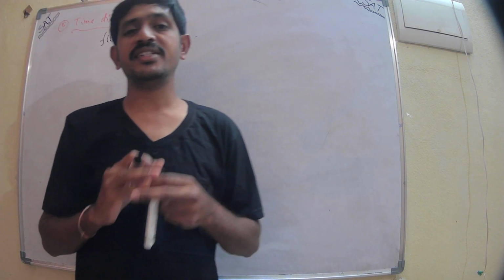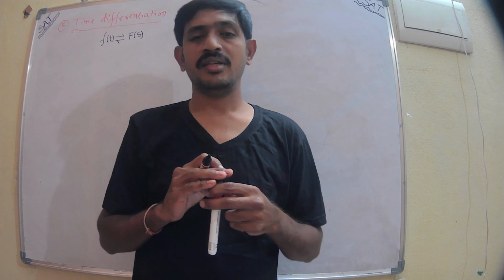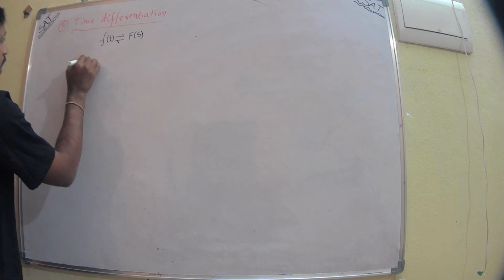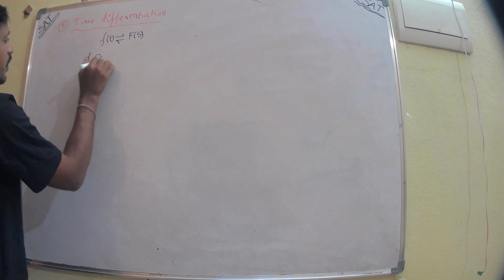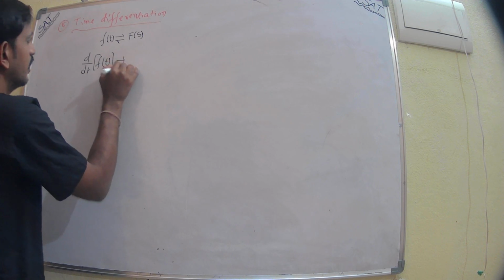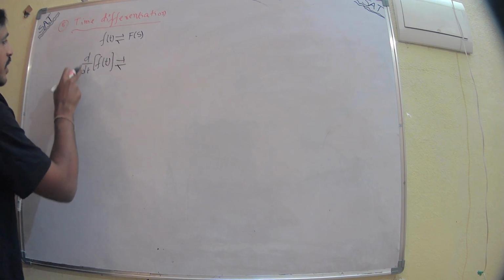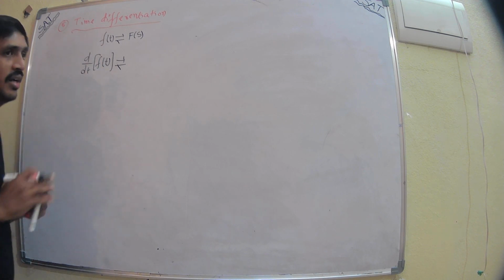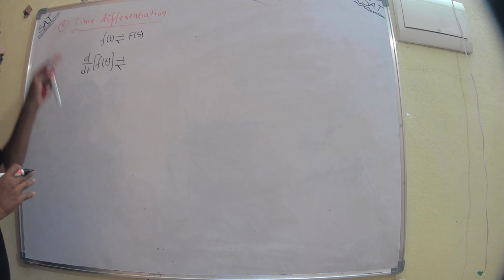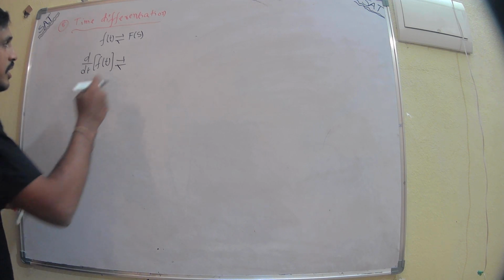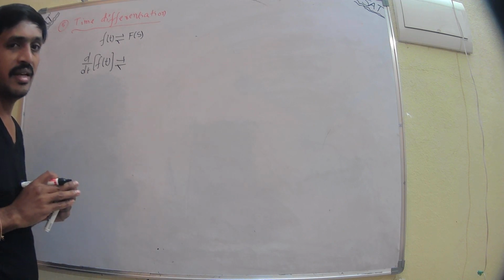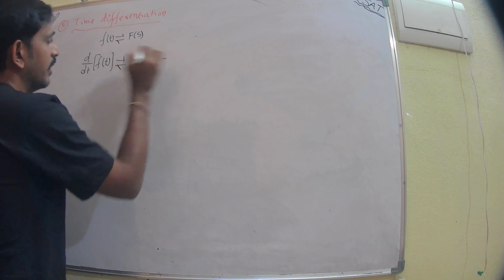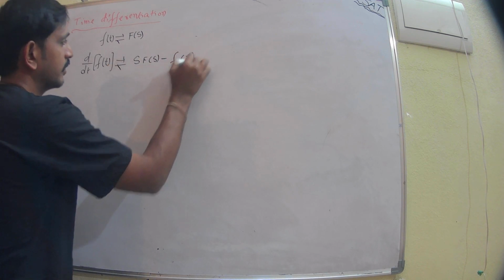So if the function has a derivative, that is d by dt of f of t, this is a differentiation. If you take the differentiation of f of t, then according to the time differentiation property, we multiply s with F of s: s into F of s minus f of 0 minus.